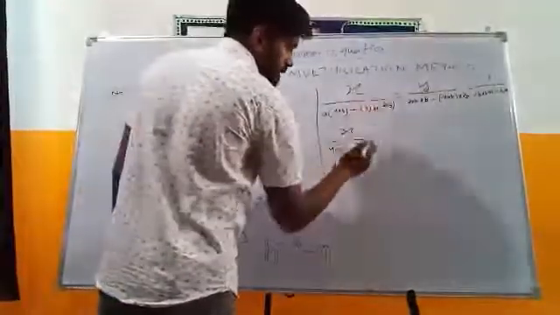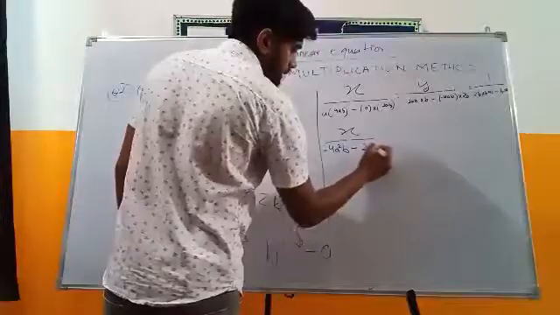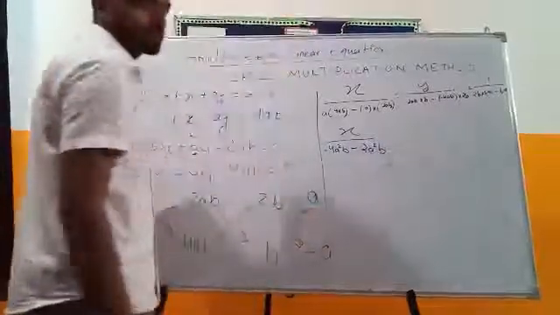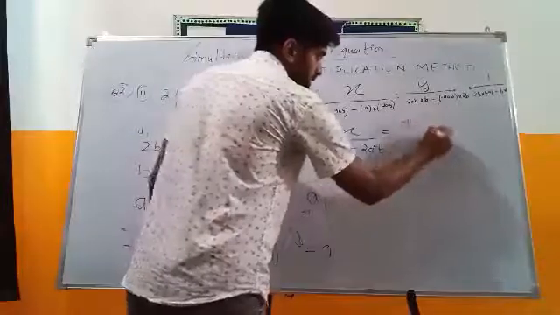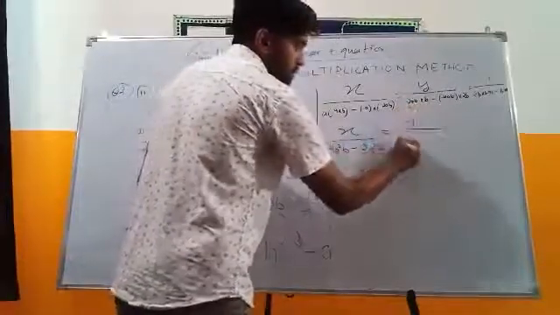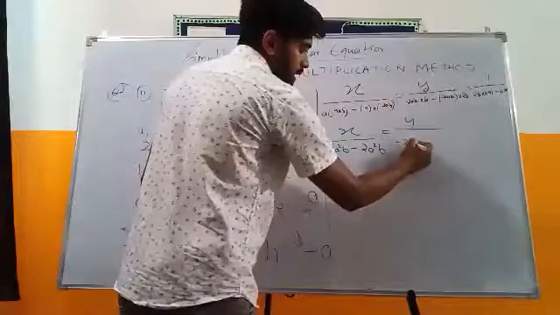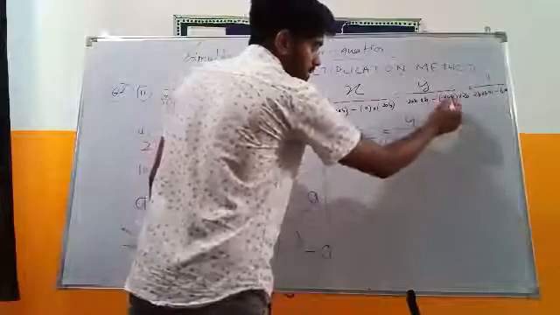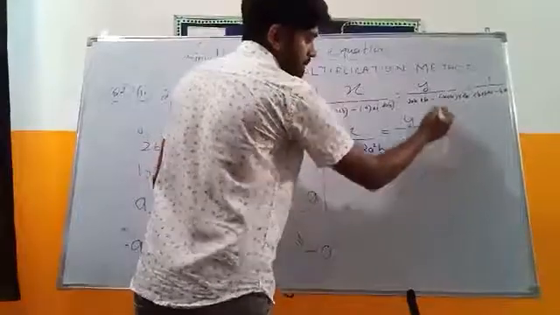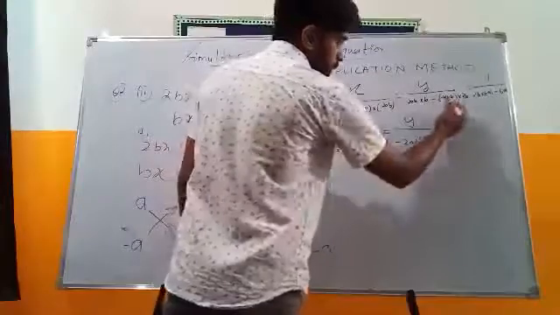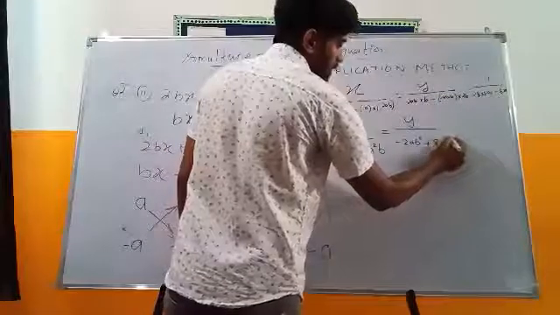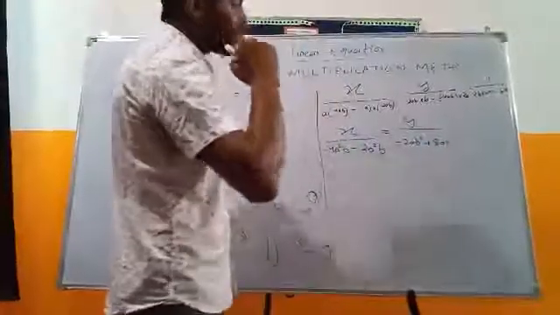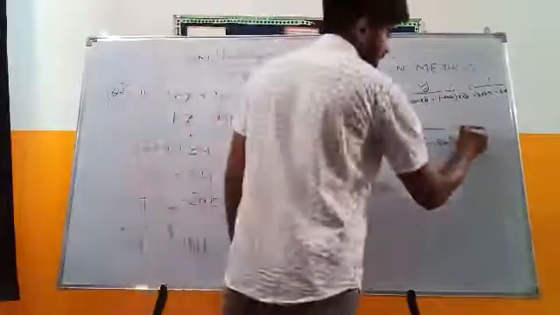And a into a square, so 2a square b, equals to how much? Minus 2ab square. Then minus sign is gonna become plus, because minus minus plus 8ab square. You can multiply on your own. You will also understand why I have written like that.